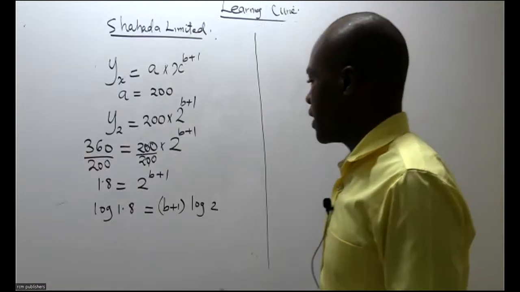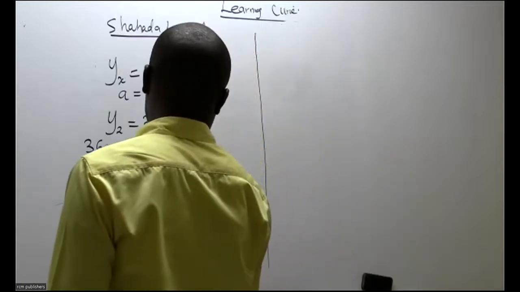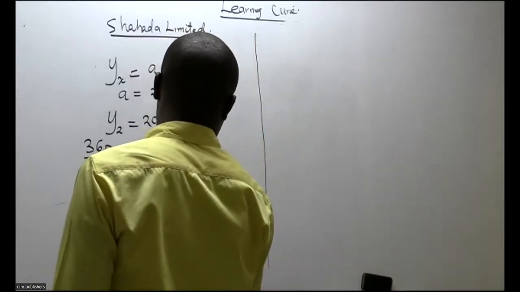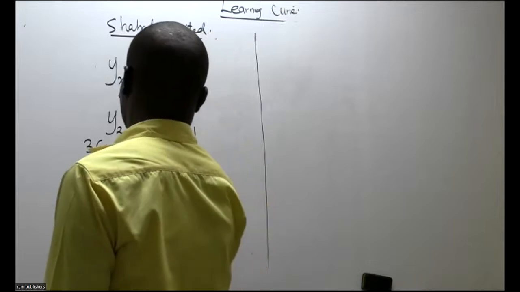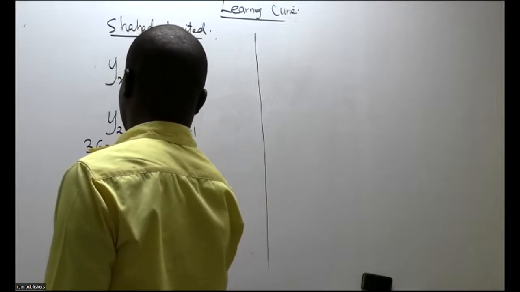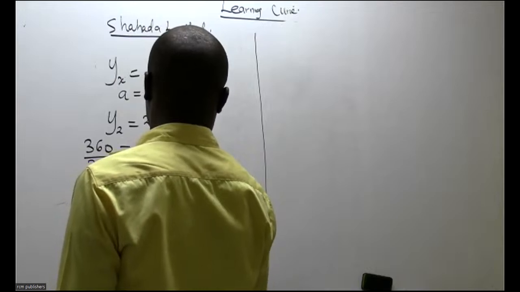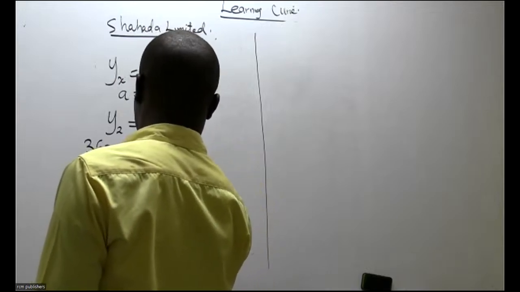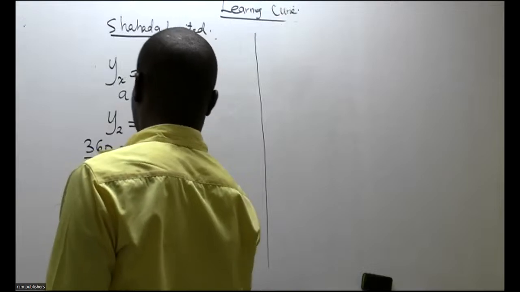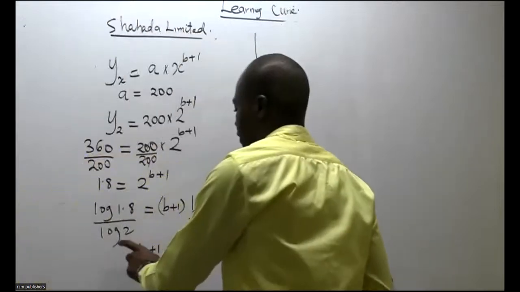Having done that, let's now collect them together. So we divide this side by log 2. This one is gone. So we have B plus 1 is equivalent to log 1.8 divided by log 2.